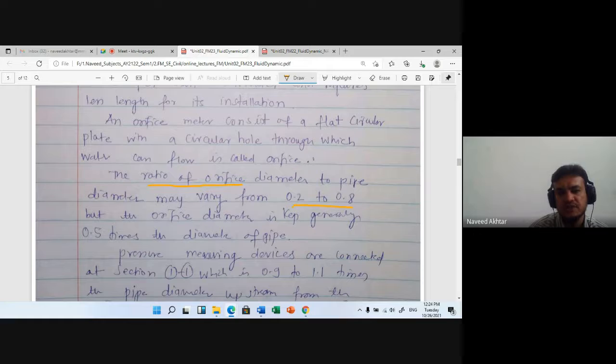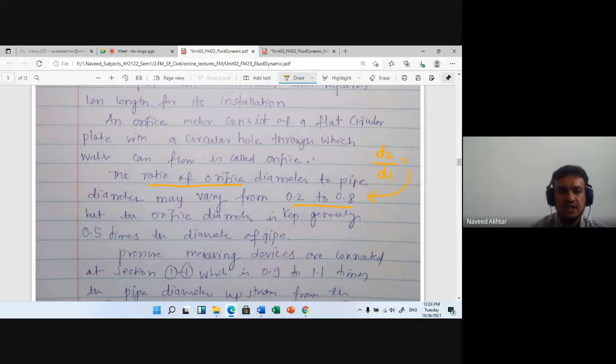If you consider the diameter of the orifice as D2 and the diameter of the pipe as D1, then the ratio D2 upon D1 is nothing but 0.2 to 0.8.